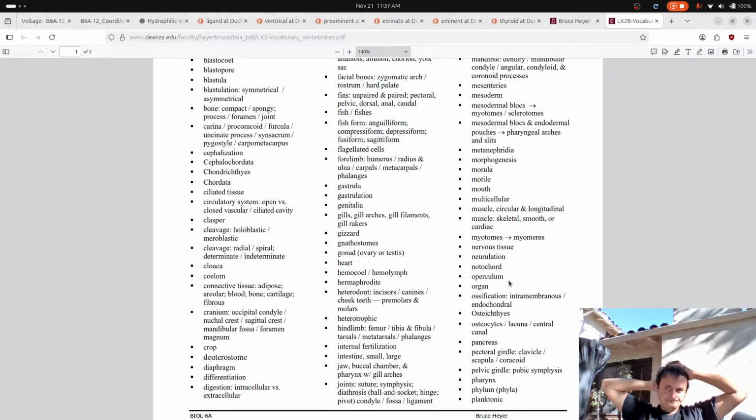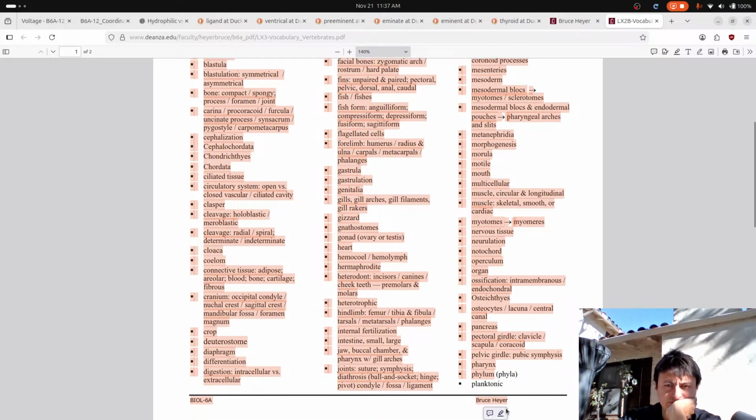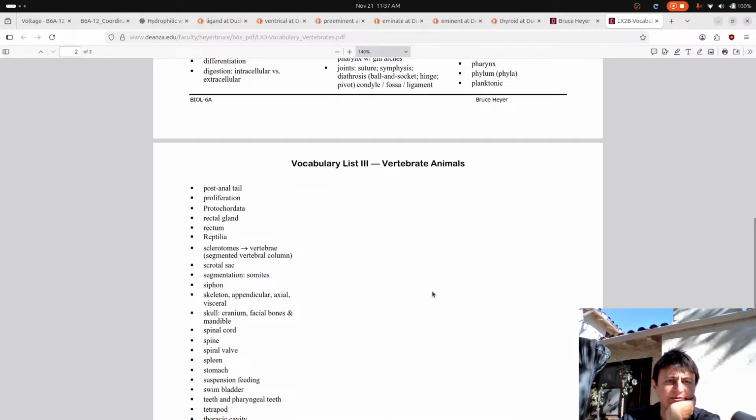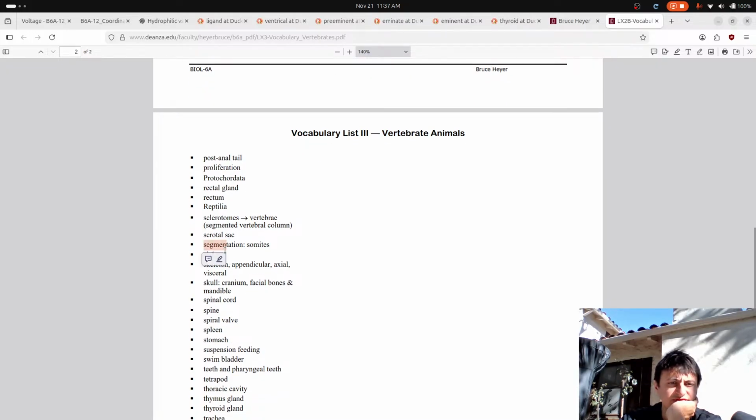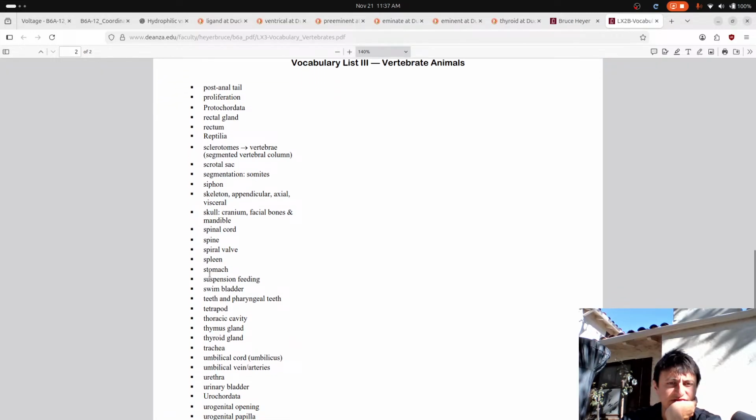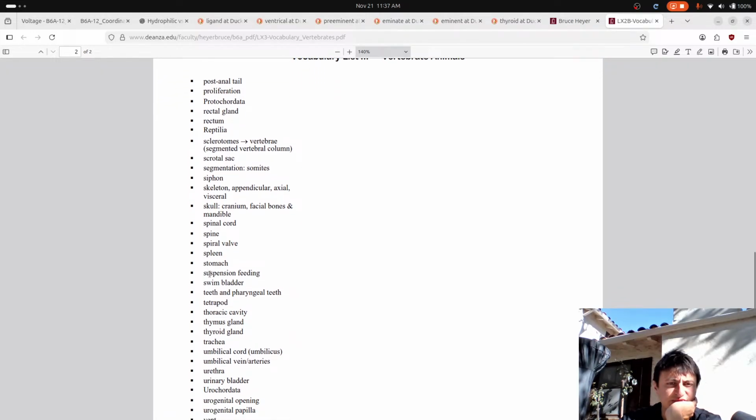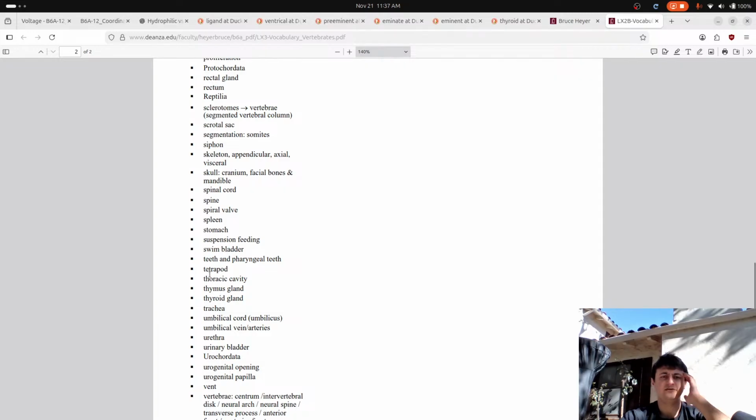A ton of this. This is all just anatomy, man. Somite, siphon, skeleton, skull, spinal cord, spine, spiral valve, spleen, stomach, suspension feeding, swim bladder, teeth and pharyngeal, tetrapod, thoracic cavity.